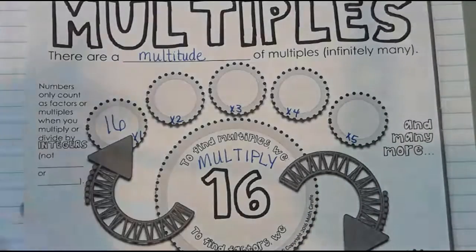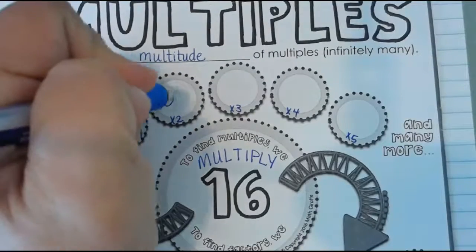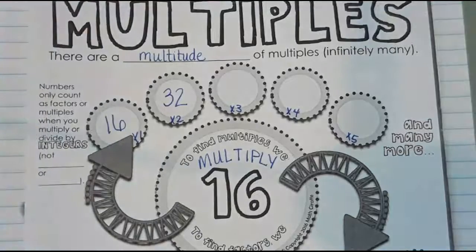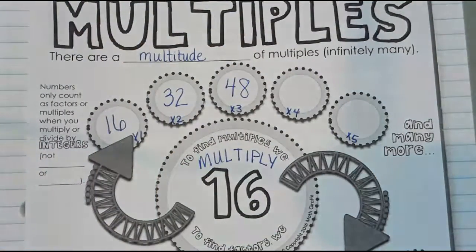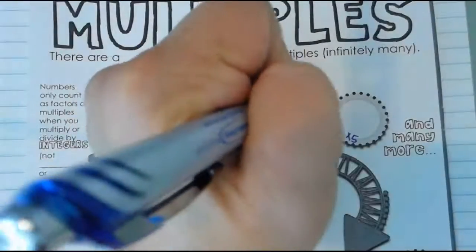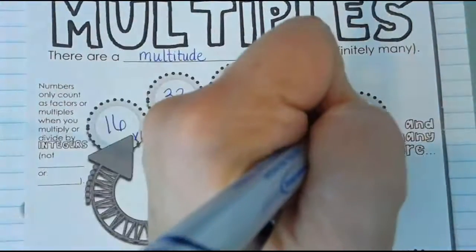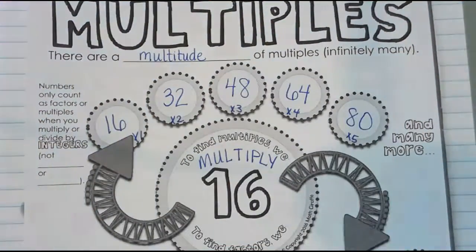So 16 times 2, if you said 32, you are correct. 16 times 3, that is 48. 16 times 4, 64, and 16 times 5 is 80. This can go on and on because it does not stop. I could tell you what is 16 times 70, what is 16 times 64, and it would go on forever. So just keep that in mind, multiples.